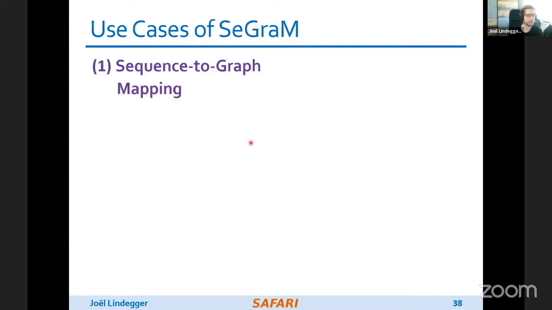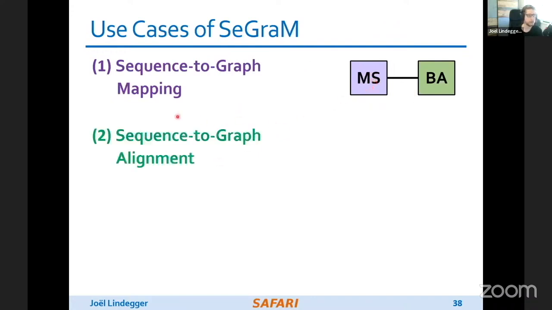So we evaluate 3 use cases for mapping. Sequence to graph mapping, in which case you would use both modules. Then you can have sequence to graph alignment, so you would just use MinSeed or some other seeding algorithm, but then use just the BitAlign hardware.